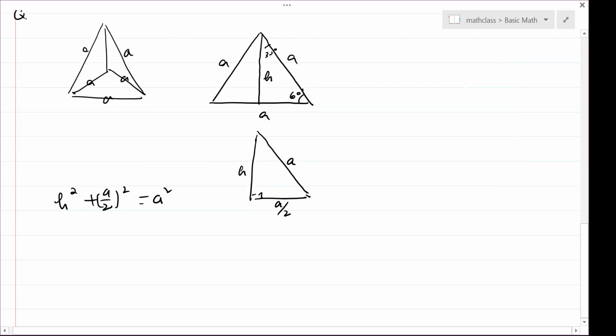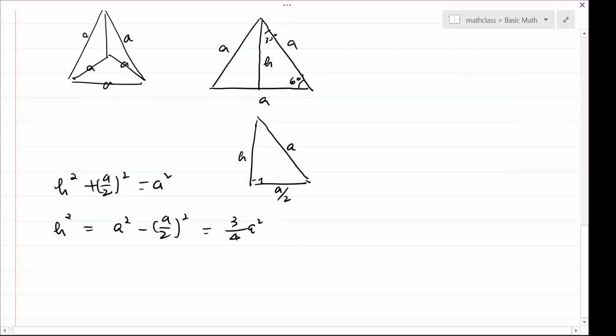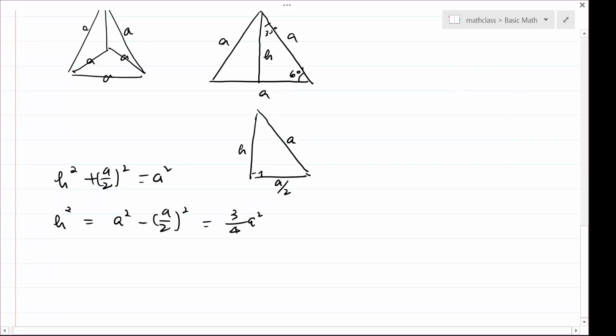And then H squared is going to be A squared minus half of A squared, and after simplifying it's going to be 3/4 A squared. Then H is going to be square root of 3 over 2 times A. Why?